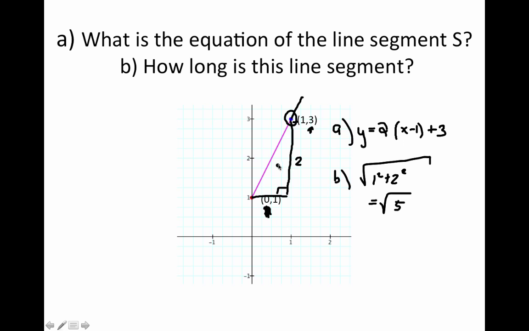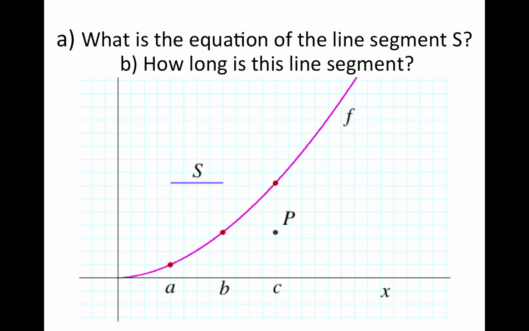So make sure that you're being clear between the length of a segment and an equation that describes all the points. It describes all the points by describing the relationship between the points' x coordinates and y coordinates. Okay, I'm going to clear this.